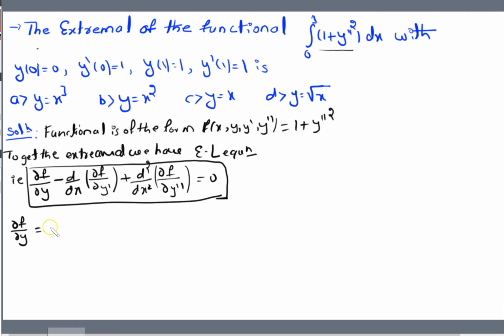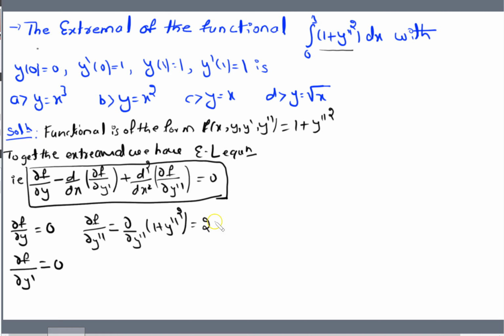But the y term is absent, therefore this is 0, and dou f by dou y dash is also absent, therefore that is also equal to 0. Next, dou f by dou y double dash of (1 plus y double dash) whole square; the partial derivative of this is equal to 2 times y double dash.